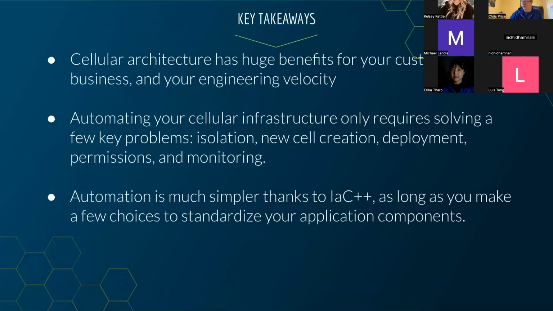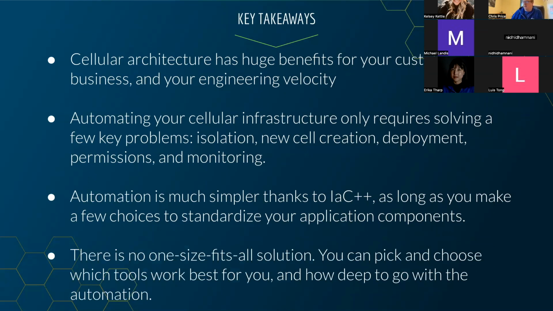Key takeaways. Cellular architecture has a lot of benefit for your customers, especially in terms of minimizing the impact of any outages that you might have. And it can also have a big impact on your engineering velocity if you do a little bit of work to set up the infrastructure for it in an automated way. We talked about the different problems you need to solve in order to have a really easily automated cellular infrastructure. Automation is a lot simpler nowadays thanks to IAC++.